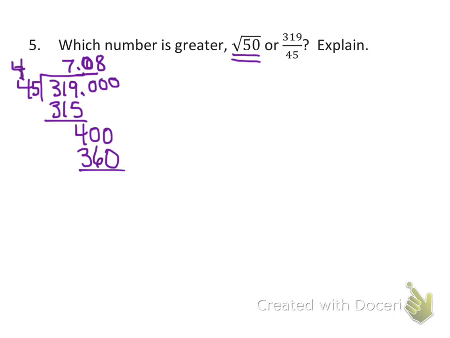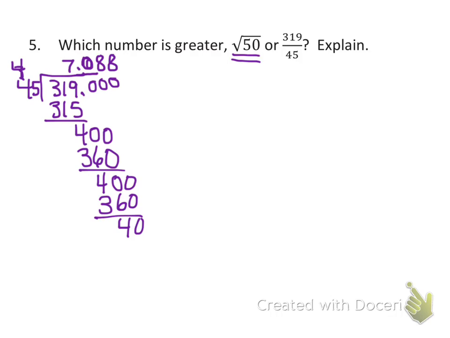Okay, and then I get 40, bring down a 0, so these are going to continue to be 8s. This is 360, there's 40 left over, and so I'm going to get another 8.